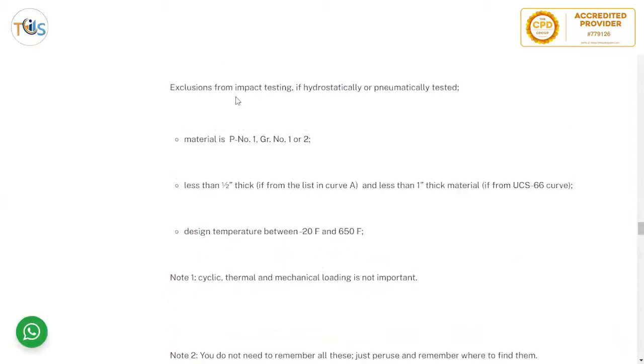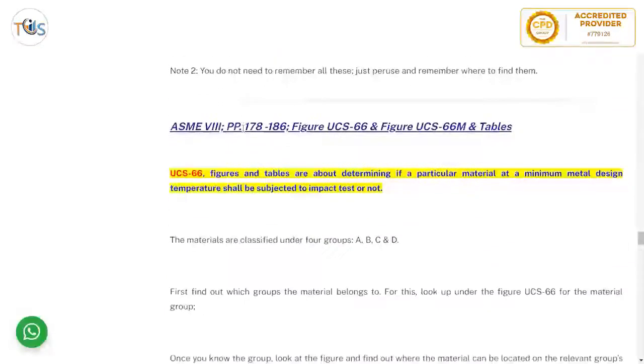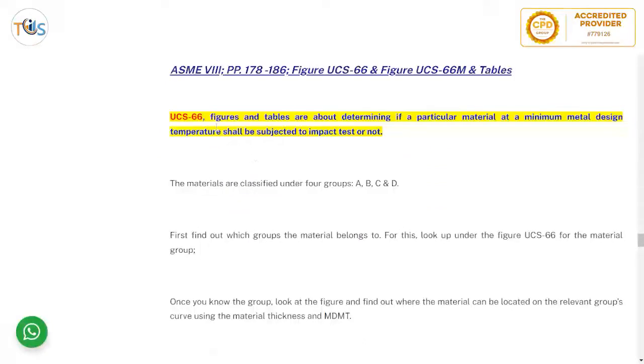So UG 84 and UCS 66 are very important because in UCS 66, there are figures and tables. So if you can find it from figures, good; tables are numbered. So if you can't find it in figures, like it's difficult, it's like a border case, then you use the tables.